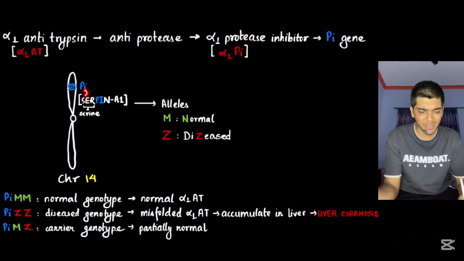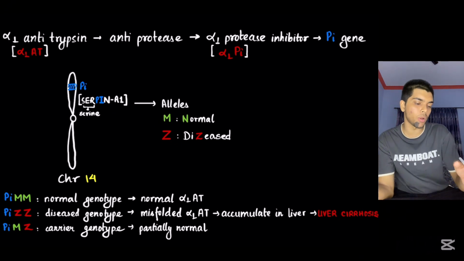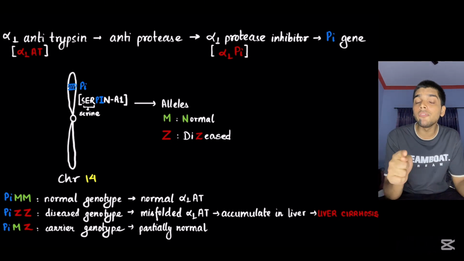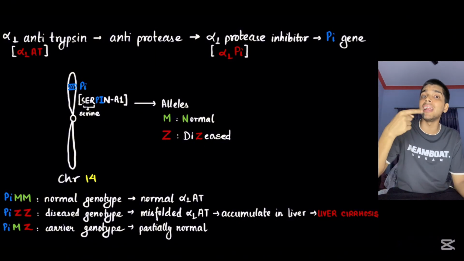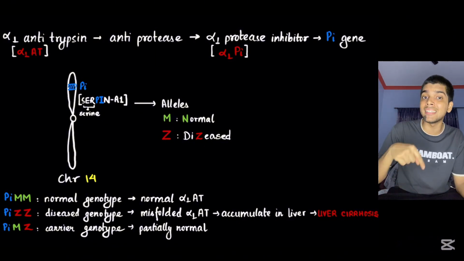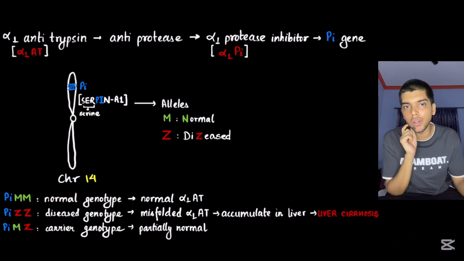Simple: SER stands for serine, P for protease and IN for inhibitor, so serine protease inhibitor type A1. That's not important. What is important for you to know is that the gene responsible for the production of alpha-1 antitrypsin, or alpha-1 protease inhibitor, is present in chromosome number 14.